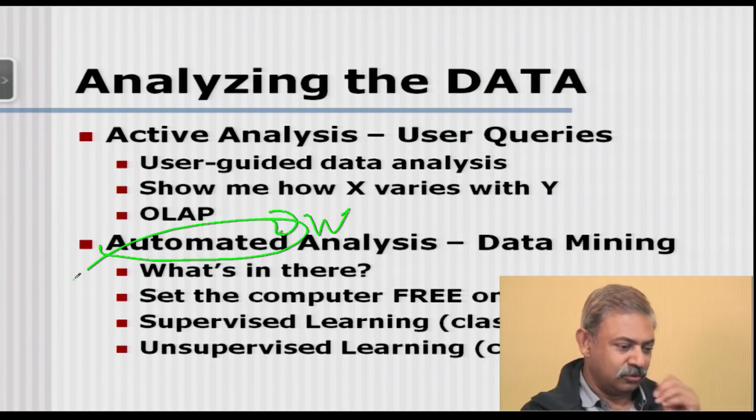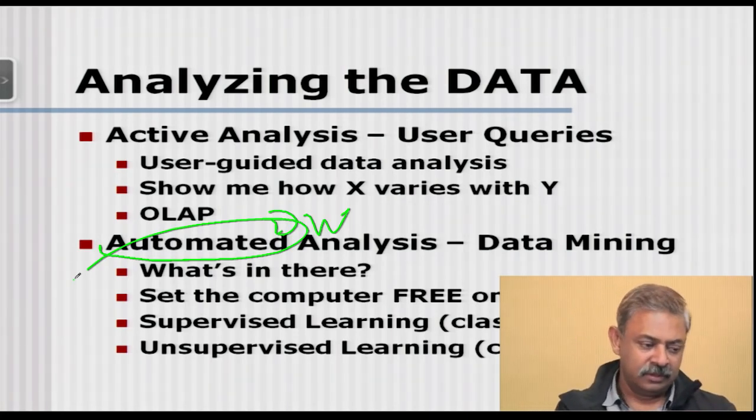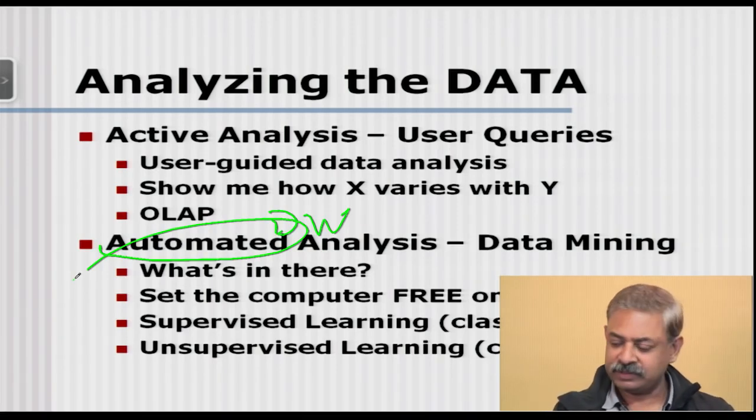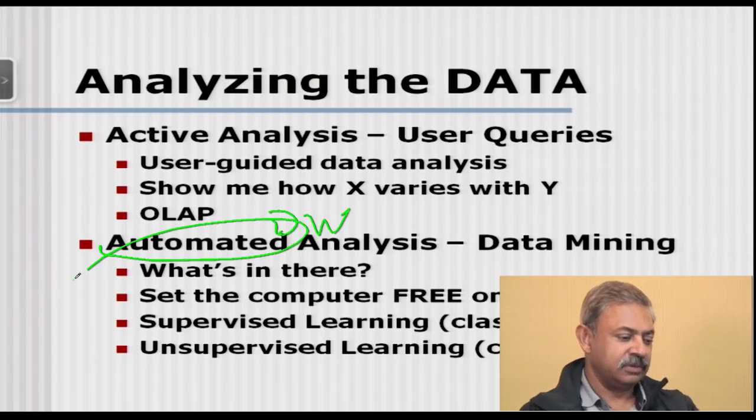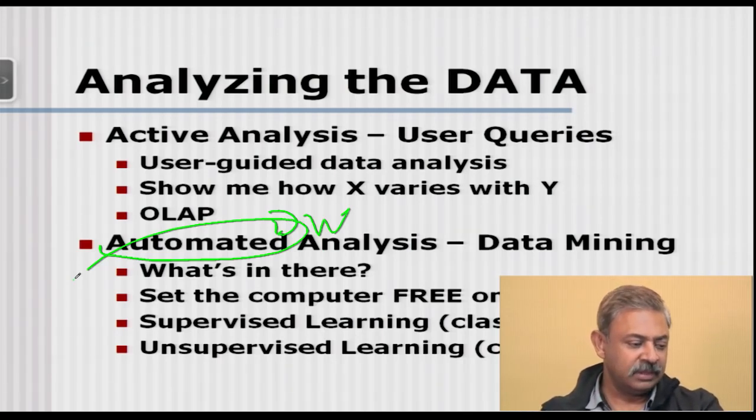Then we have two kinds of approaches: supervised learning and unsupervised learning. An example of supervised learning is classification, and unsupervised learning is clustering. More on this later.